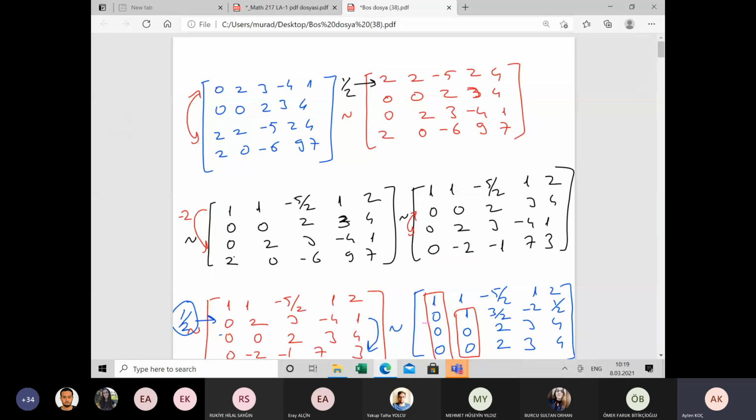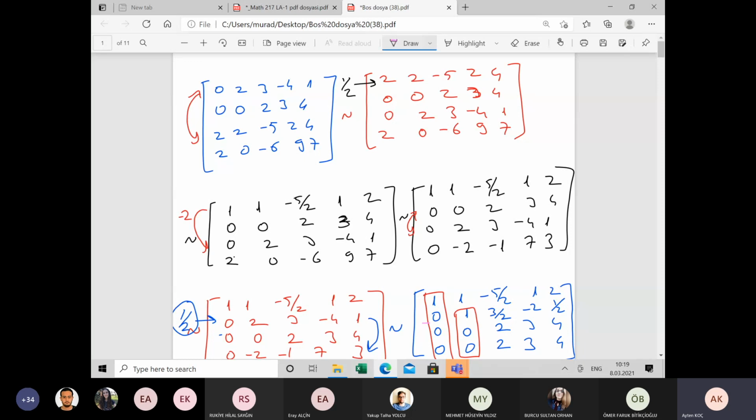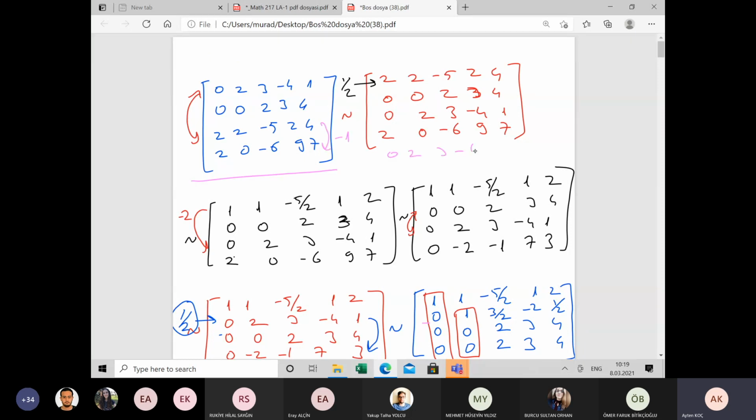For example, here, a different operation. Take this one. It's okay. Take this one. So take the first one 0 2 3 minus 4 1, the same 0 0.